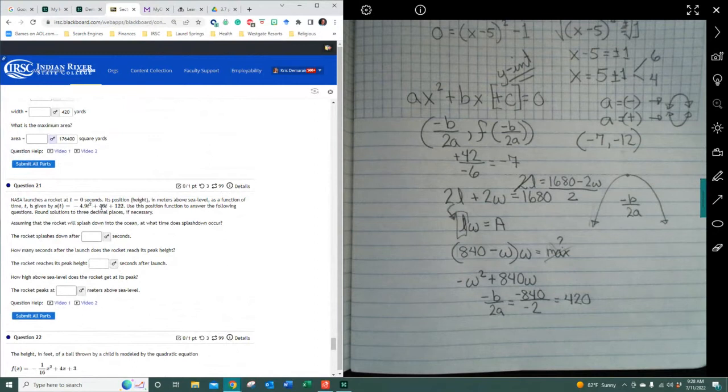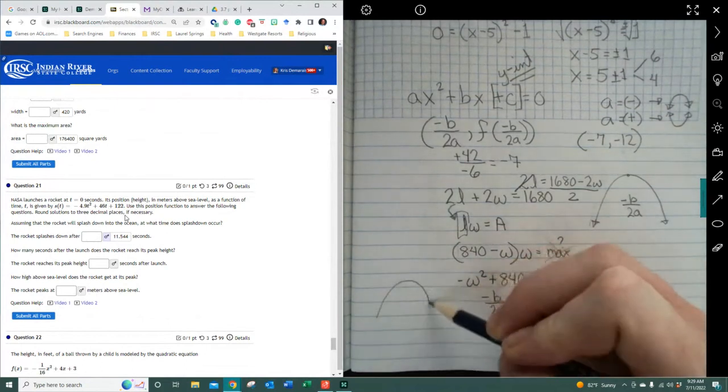Now NASA is launching this rocket, and here's the function. The rocket splashes down after blank. Splashing down means it's in the water again, so it's when the output is equal to 0. I know some of you are really troubled by word problems, but think about it: a rocket goes up, a rocket comes down.